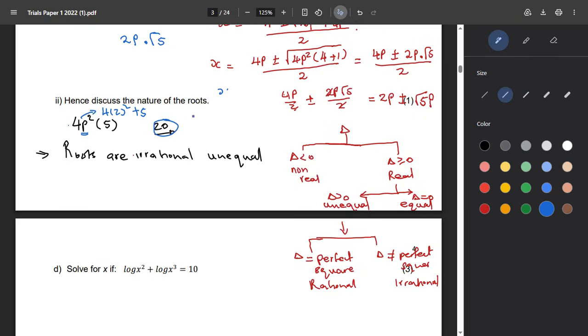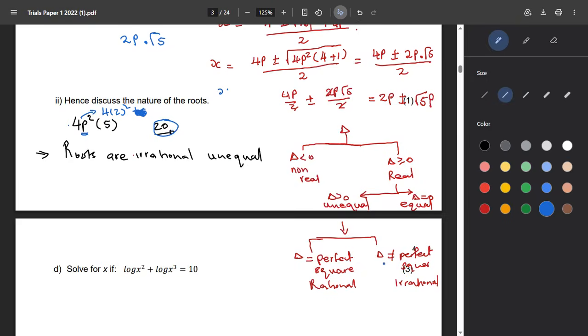Oh, it's times 5, so it will be 16 times 5. Okay, but let me just stick to 1. So this will be 4 into 1 squared times 5, that's 20. So look at this. You look at your 20, then you ask yourself, is this 20 a perfect square or not a perfect square?